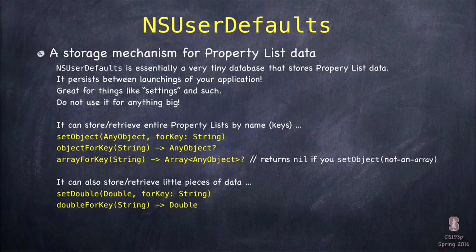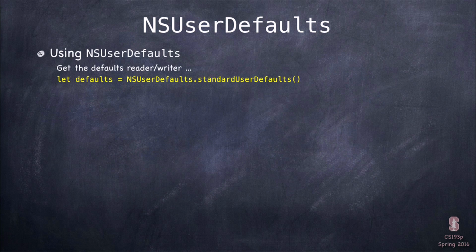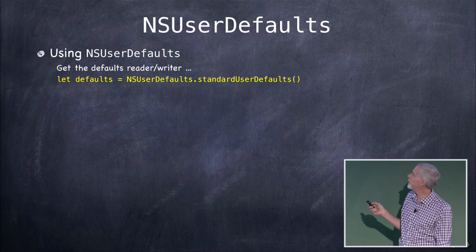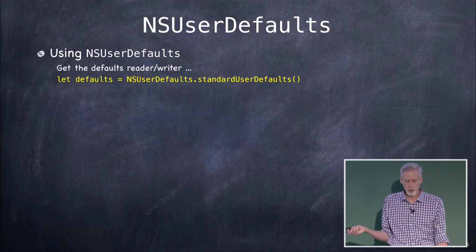Okay? It can also store smaller things, like you can say set double, and it'll make a little property list out of a double, because a double by itself is a property list, right? Because it's one of those classes, okay? Just like array is. How do you use UserDefaults? You create a shared one using this class or type method, UserDefaults.standardUserDefaults. This gives you this shared instance of UserDefaults.